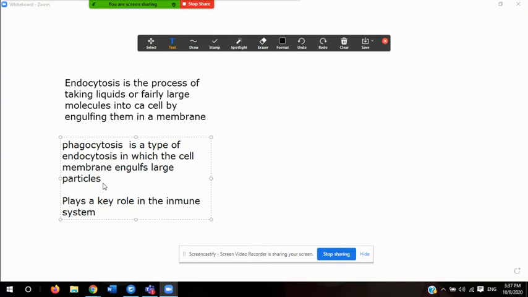So basically, in defending against bacteria and other pathogens.